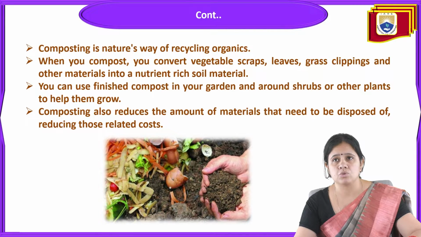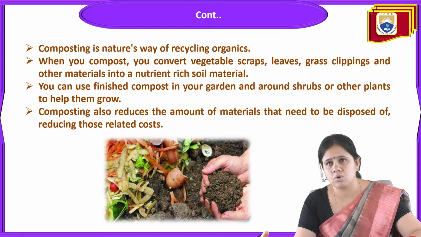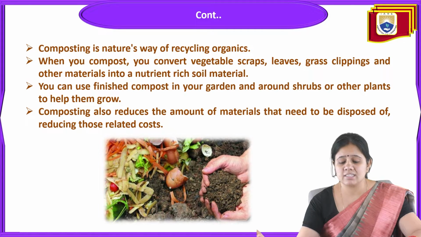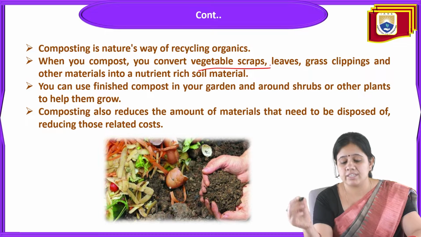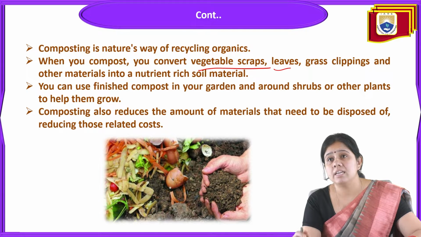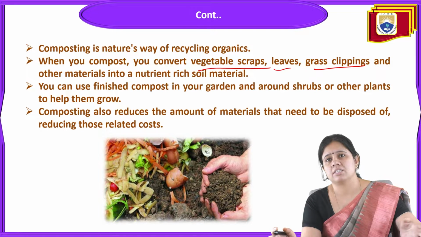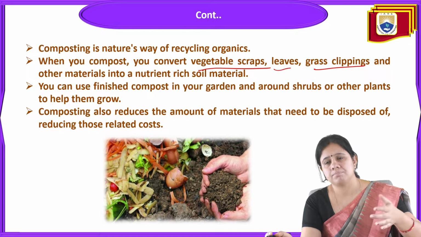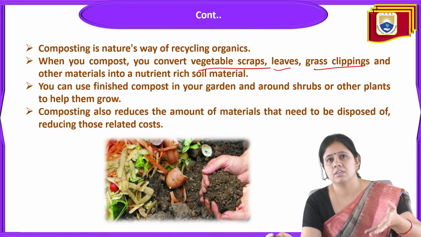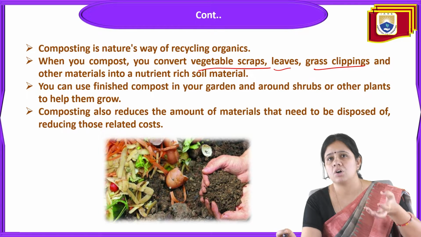When you compost, you convert vegetable scraps, leaves, grass clippings, and other materials into nutrient-rich soil material. All these waste materials are converted into organic nutrients, good humus or compost.